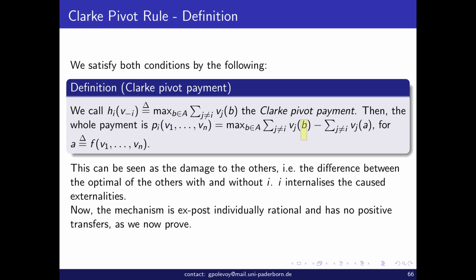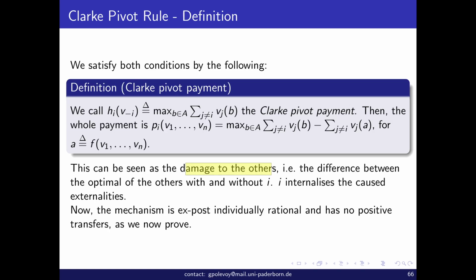How can we look at it? Basically, we look at what the sum of the other players' utility is, other players, I mean players besides I. When we look at what they could have achieved without I, what was the maximum, minus what they achieved when I was actually present, that basically can be seen as the damage which I inflicts upon the others, intuitively.